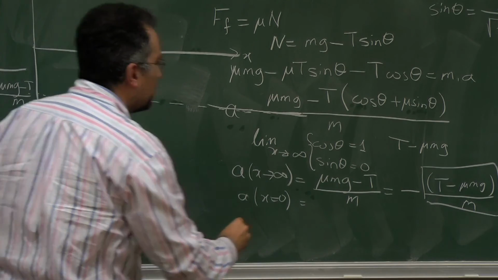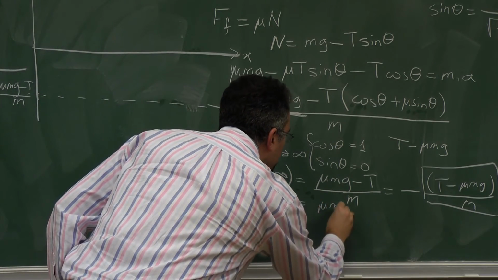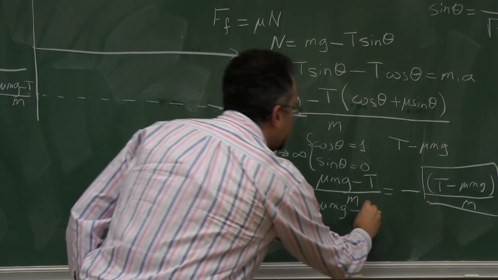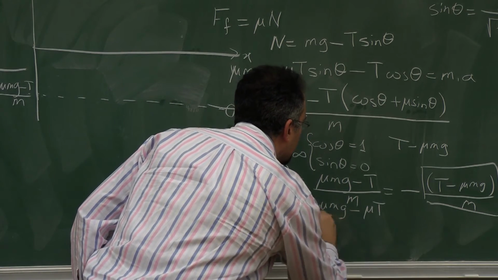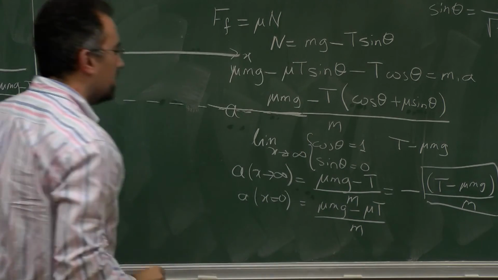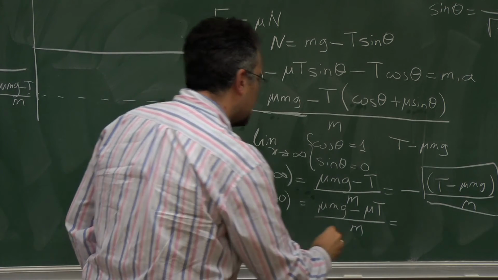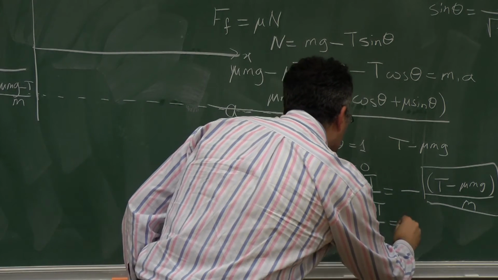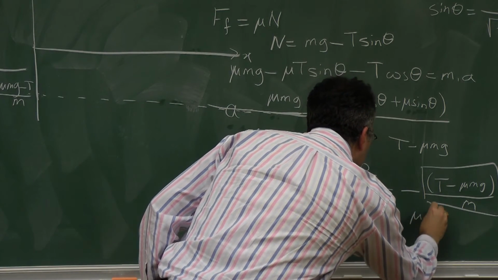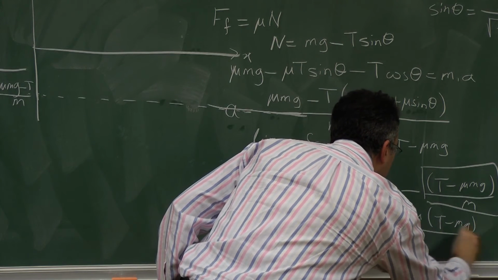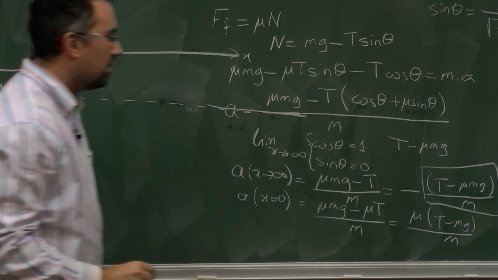It's mu mg minus mu T over m, which is what? mu times (T minus mg) over m.